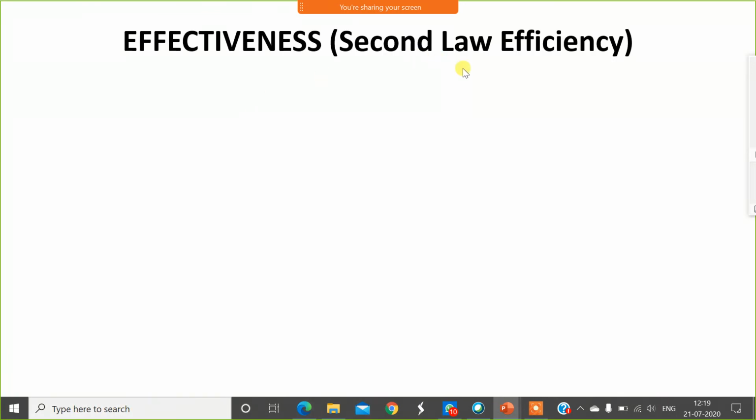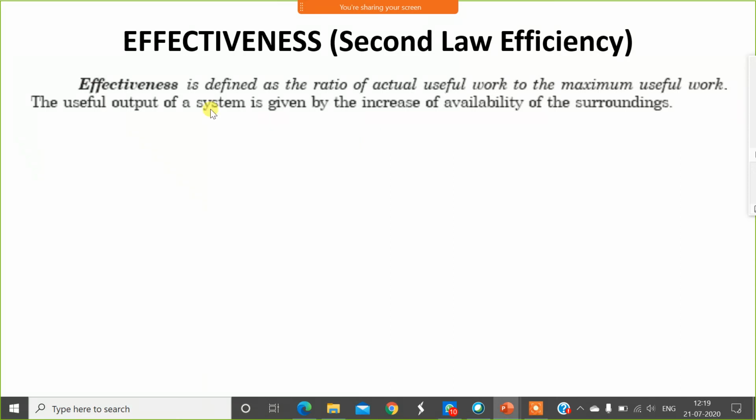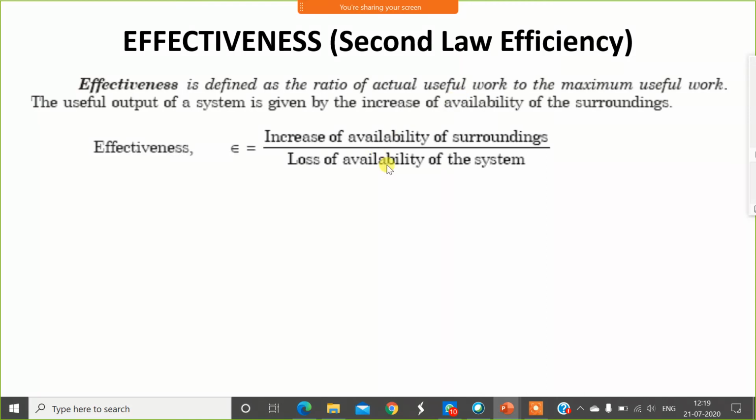Now effectiveness is also called second law efficiency. Effectiveness is defined as the ratio of actual useful work to the maximum useful work. The useful output of a system is given by the increase of availability of the system. We are considering this for the heat supplied.